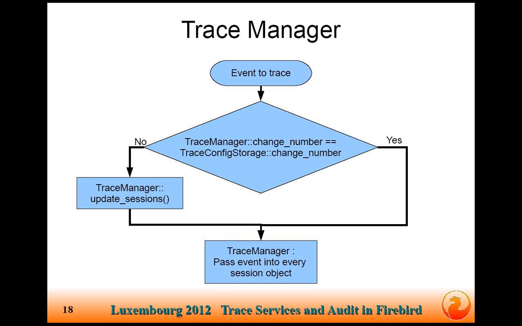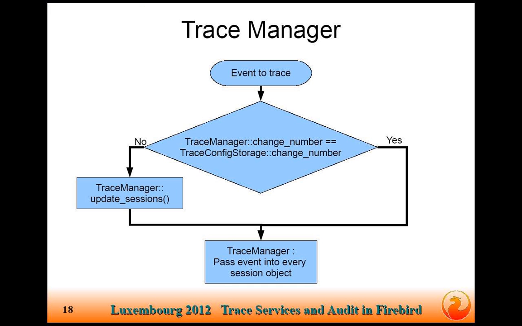This is not efficient. A less obvious way is to create some kind of signal mechanism, and the trace storage could wake up the trace manager in every process and notify it about the changes. But we decided on what we think is the most efficient way.